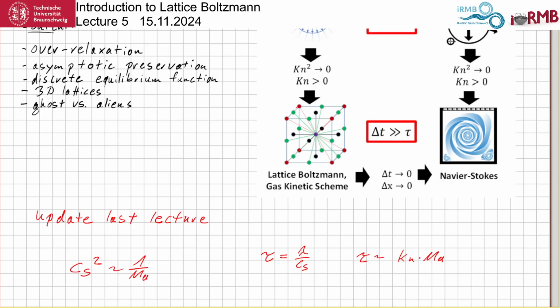And in this context, I was going to write that tau times the speed of sound squared, which we get in the Navier-Stokes equation, is proportional to the Knudsen number divided by the Mach number, which we then called 1 over the Reynolds number.